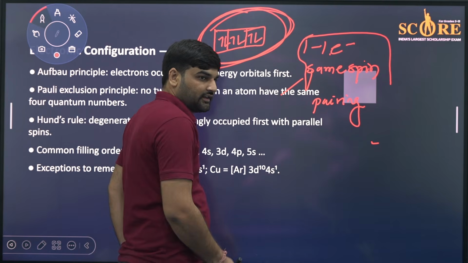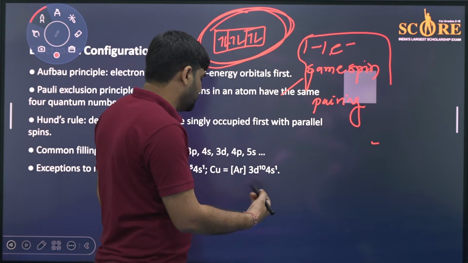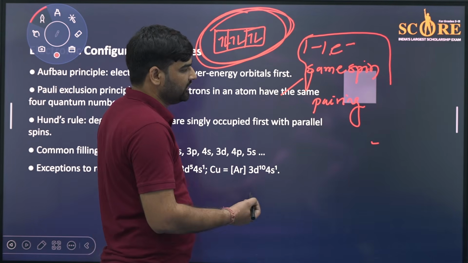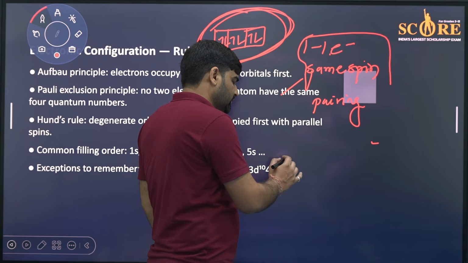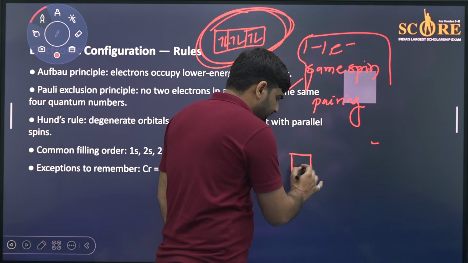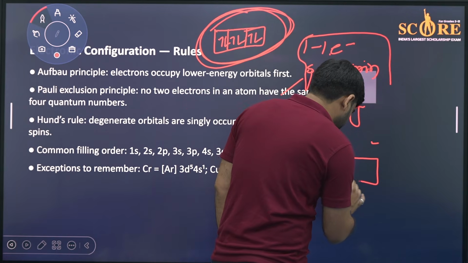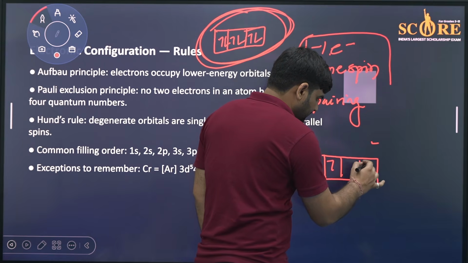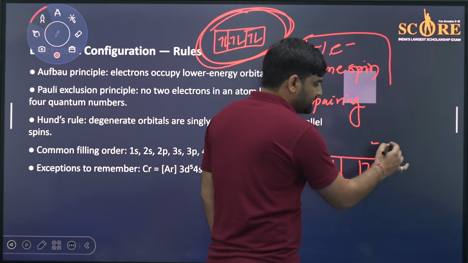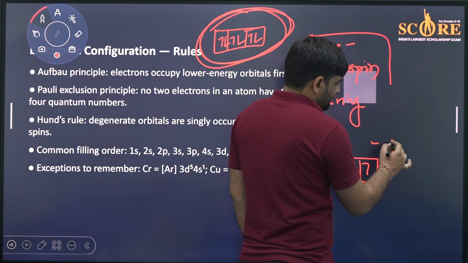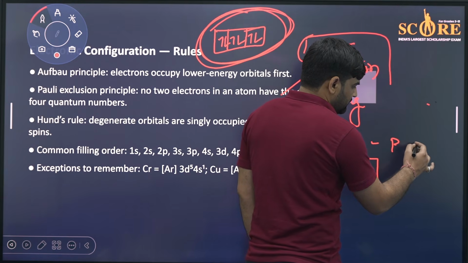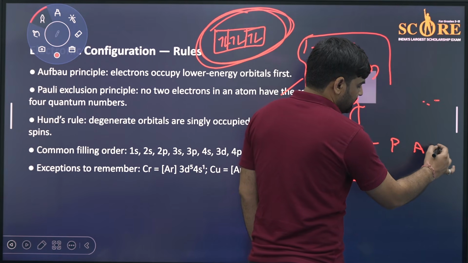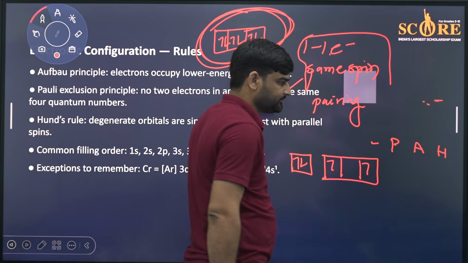Some examples are there and I want to ask where which rule is followed or which is not followed. I have some simple examples like this. I want to ask about the Pauli principle, Aufbau principle and Hund's principle.